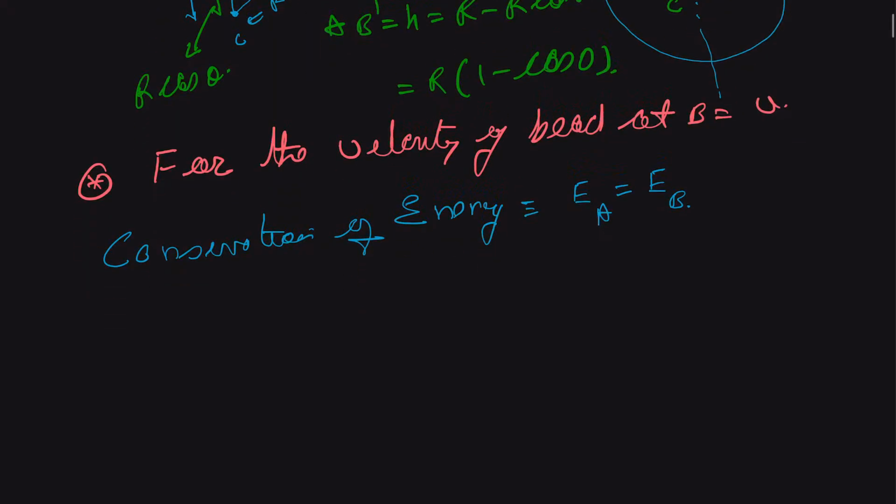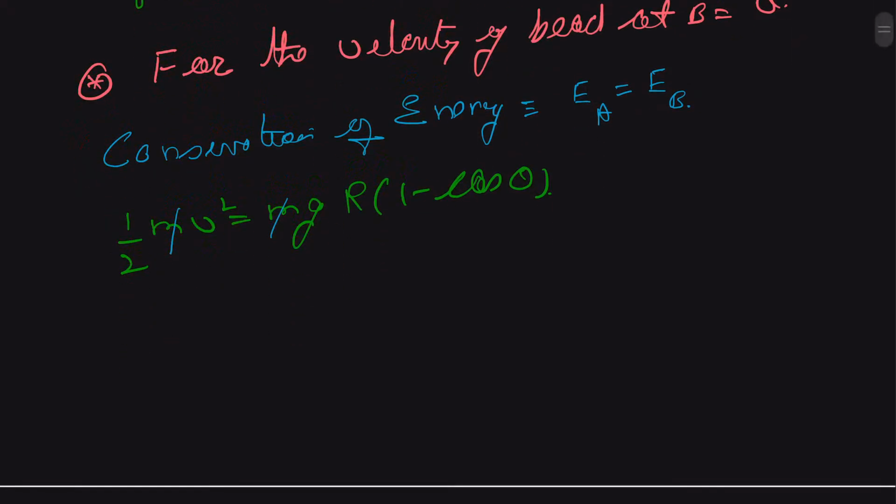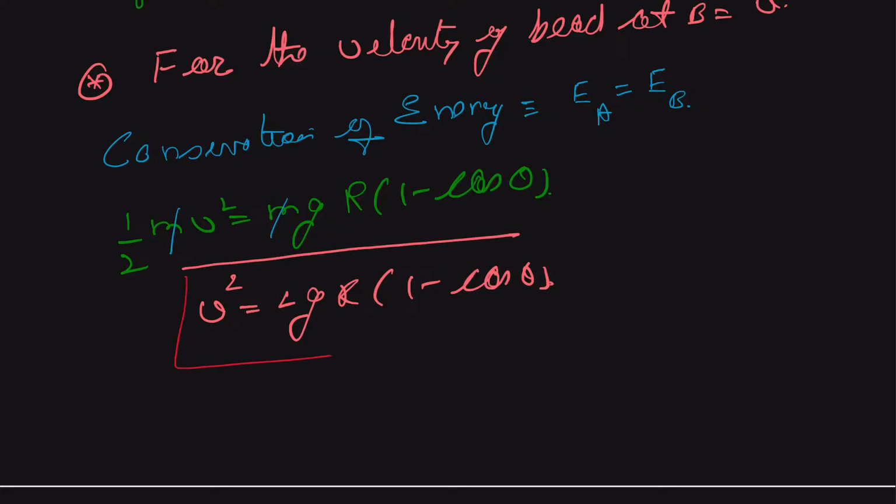Therefore half mv squared equals the loss in potential energy, mgh, and h is R times 1 minus cos theta. The mass cancels out. Therefore the velocity at point B is V equals the square root of 2gR times 1 minus cos theta. This equation we can use later on also.